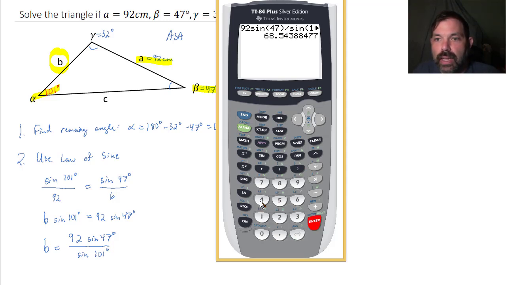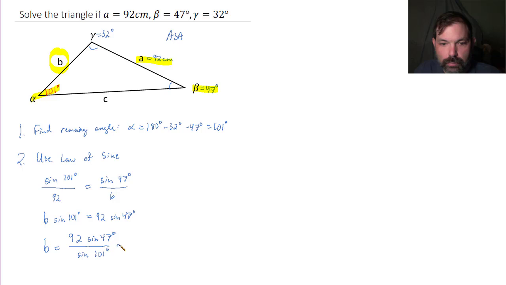And that's 68.54. I'll just say 68.5 centimeters. So I now know that B is 68.5 centimeters.